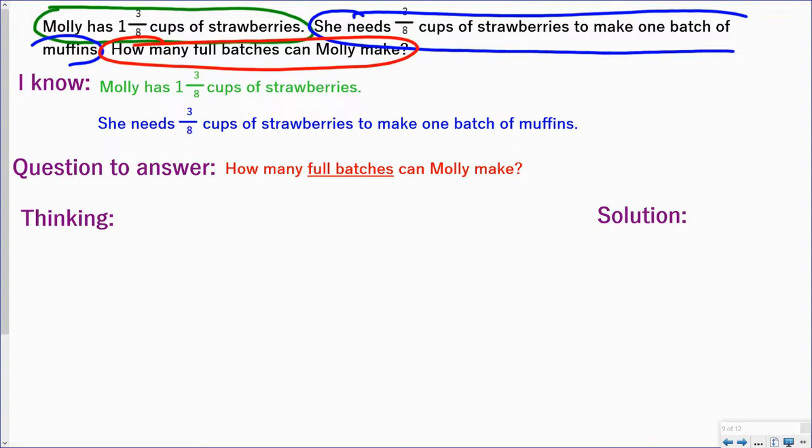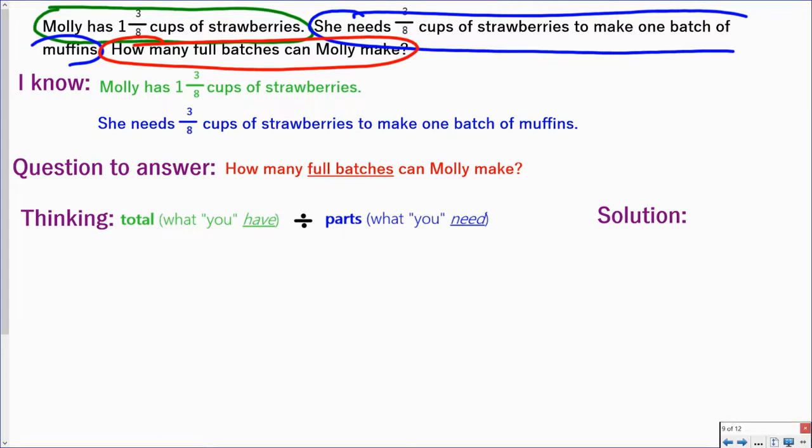So now I need to set up my problem to figure out how to answer that question of how many full batches can Molly make. When I set up my thinking, I'm going to be looking for the total, or what you have in the problem, divided by the parts, or what you need in the problem.